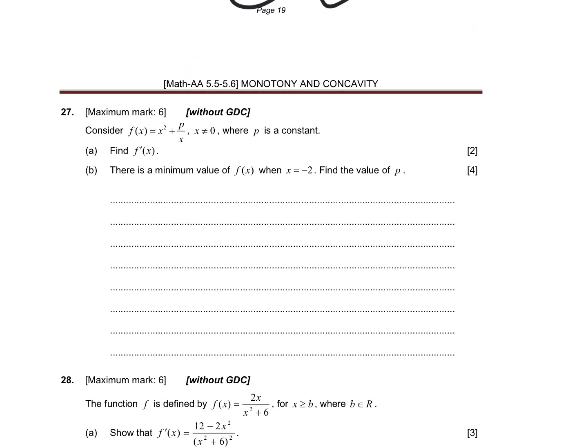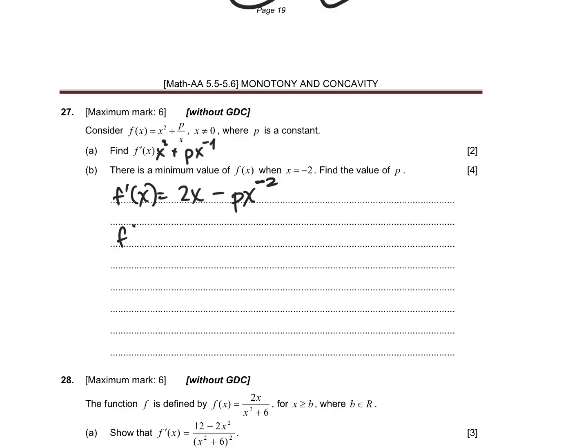Okay, 27, consider f at x equals that. Find the derivative. So we're going to have 2x plus, nope, because this is plus px to the negative 1. So we're going to have minus px to the negative 2 as the derivative. There's a minimum when x is negative 2, so we would set this equal to 0.